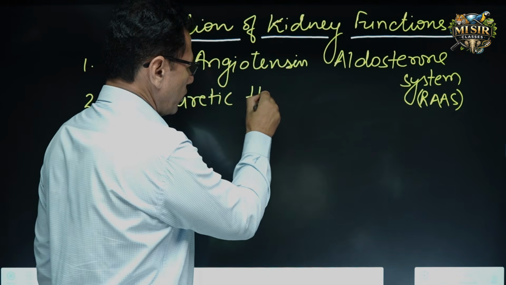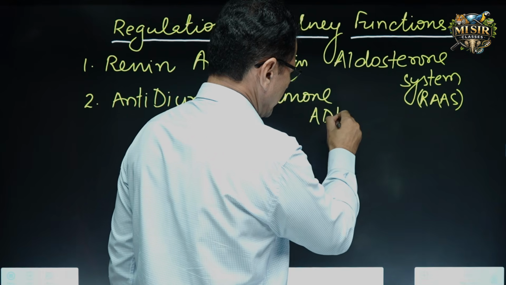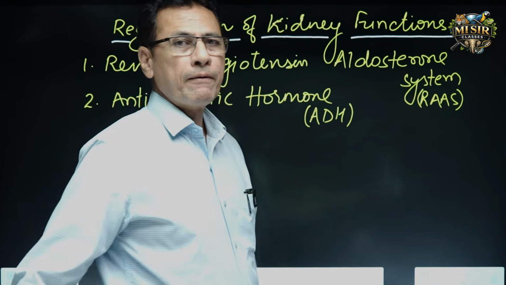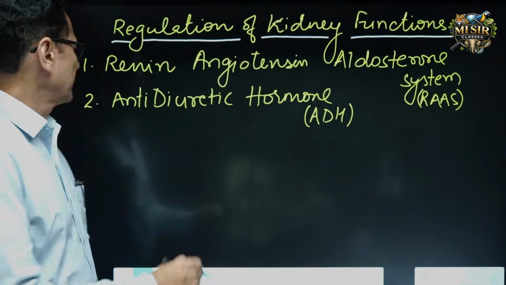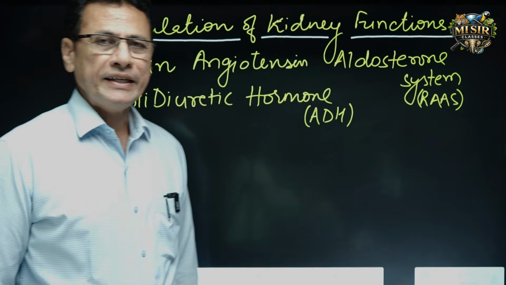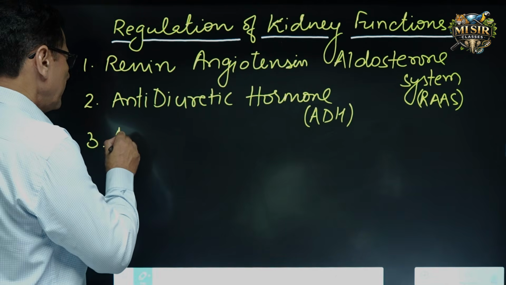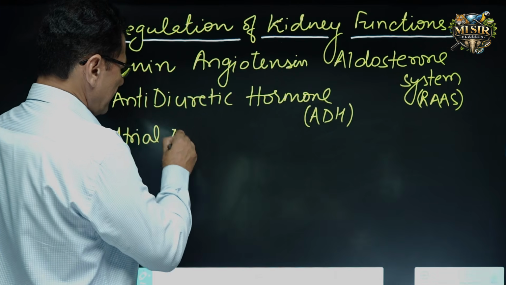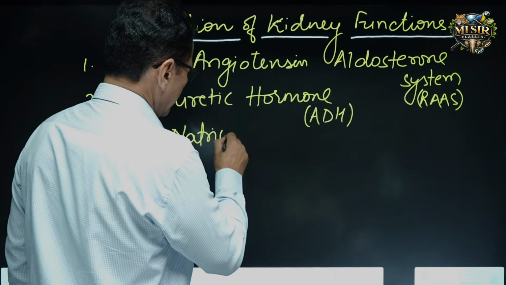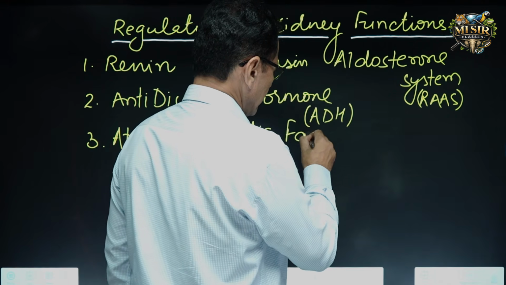Antidiuretic hormone, ADH, or commonly known as vasopressin. And third is with the help of atrial natriuretic factor, ANF. Atrial natriuretic factor.